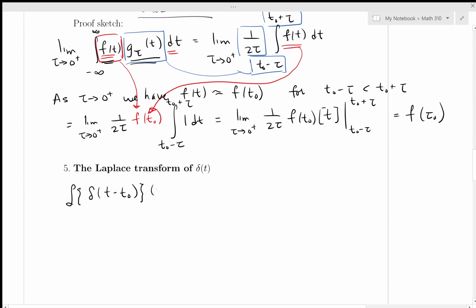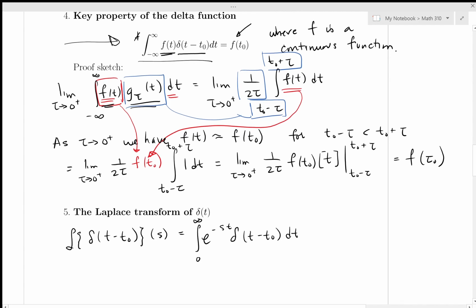That will be a function, as it always has been, of s. And that, using the definition of the Laplace transform, is the integral from 0 to infinity of e to the minus st delta of t minus t naught dt. Okay, but we know what this is because we have basically done that up above here.